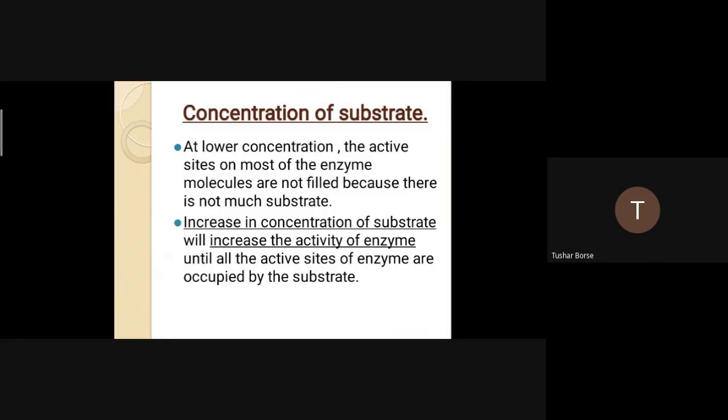When we increase the concentration of substrate, it will increase the speed of the reaction, since all the active sites of the enzyme will be occupied. But after a particular point, upon increasing the concentration of substrate, it is going to saturate, and this saturation will have no effect on the enzyme activity.